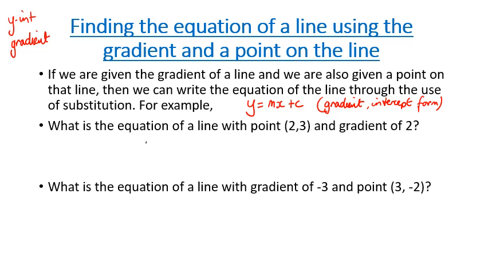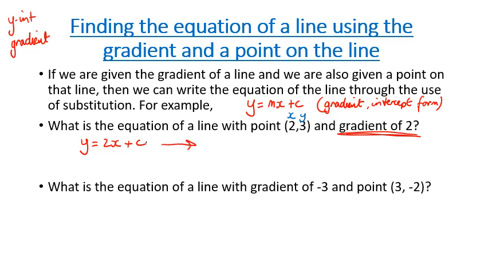So, as an example, what is the equation of a line with point (2, 3) and a gradient of 2? Well, we know that the equation must be y equals 2x, because the gradient is 2, plus c. We don't know what c is, but we're going to try and figure it out. And we can figure it out using our point, because in our point, this is our x value, and that's our y value. So now we're going to substitute those values in.